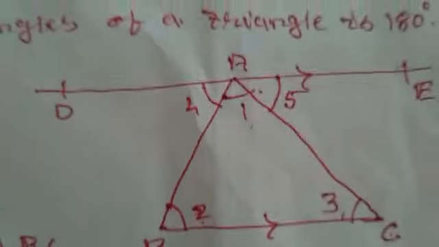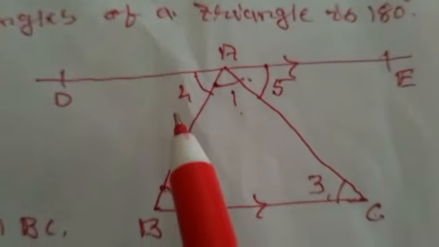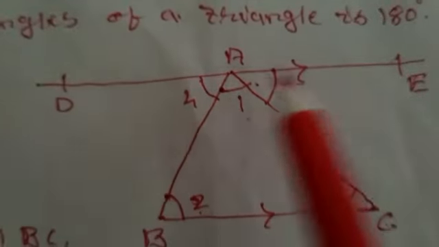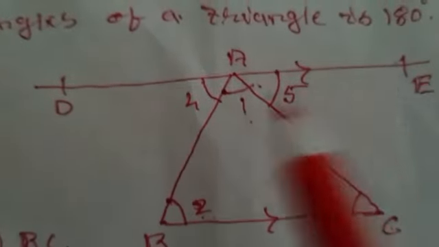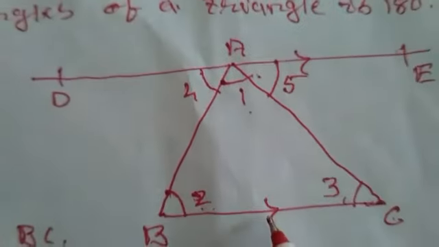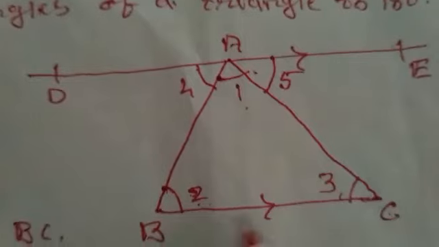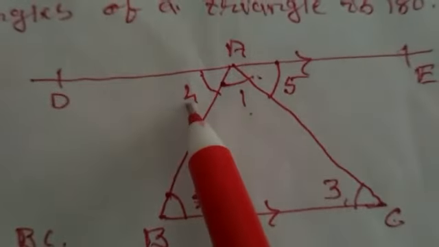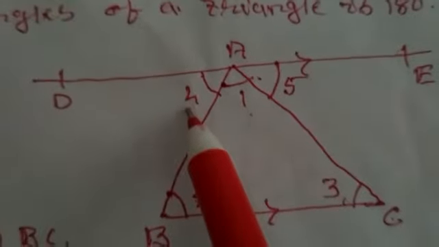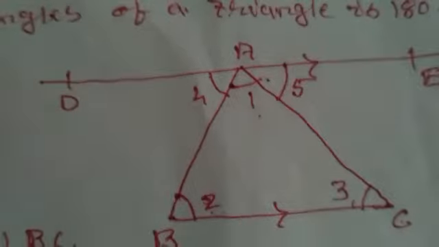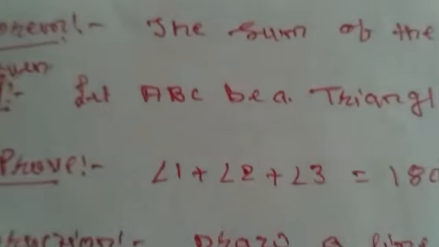So in proving it, we need to do some construction. In construction, we draw a line DE which is passing through A and parallel to BC, so that another two angles are formed, that is angle number 4 and angle number 5. This is the figure.